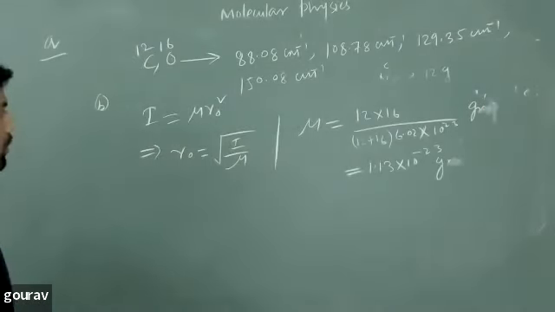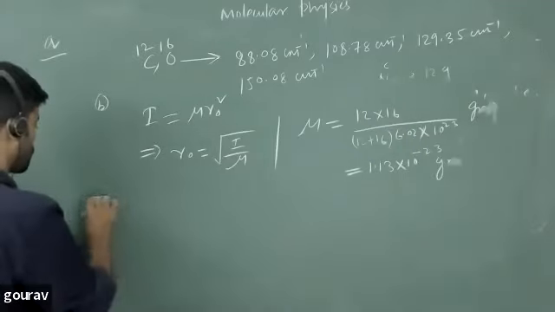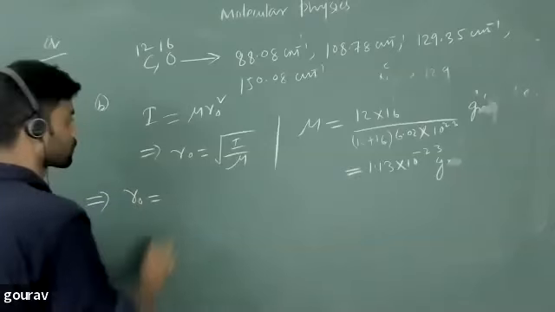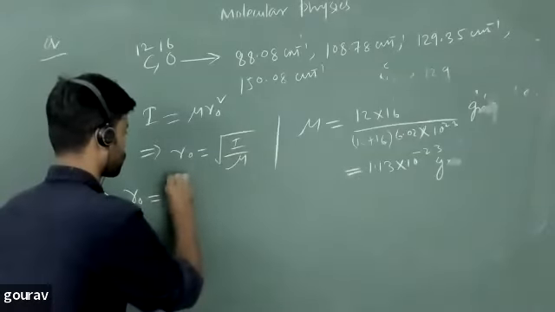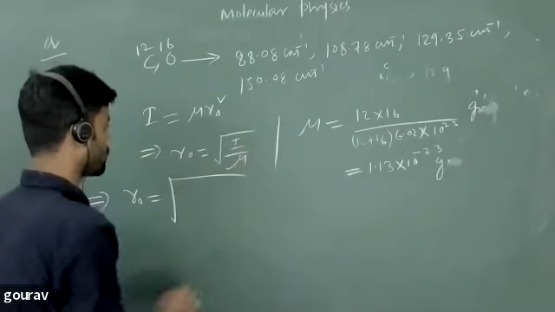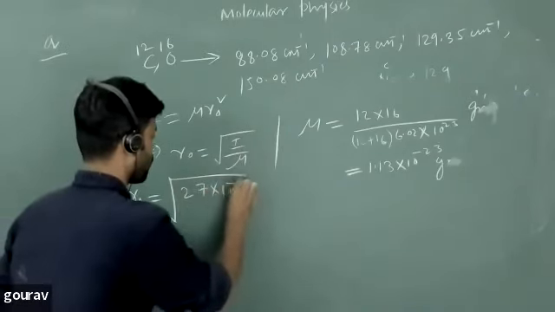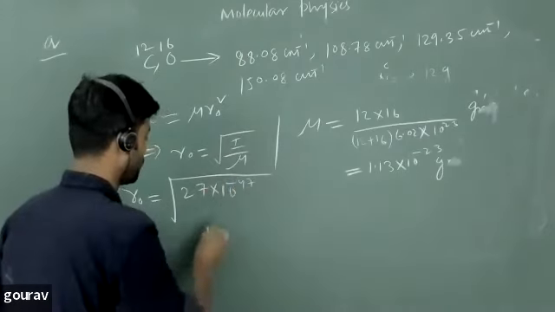Okay. So you got mass. Now you can substitute here. So what will be R naught now? I was how much? 2.7 into 10 to the power minus 47, right? In SI unit.